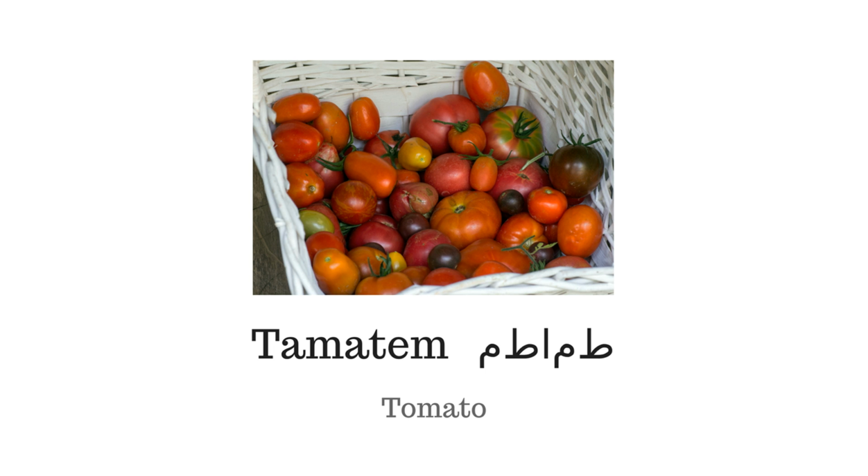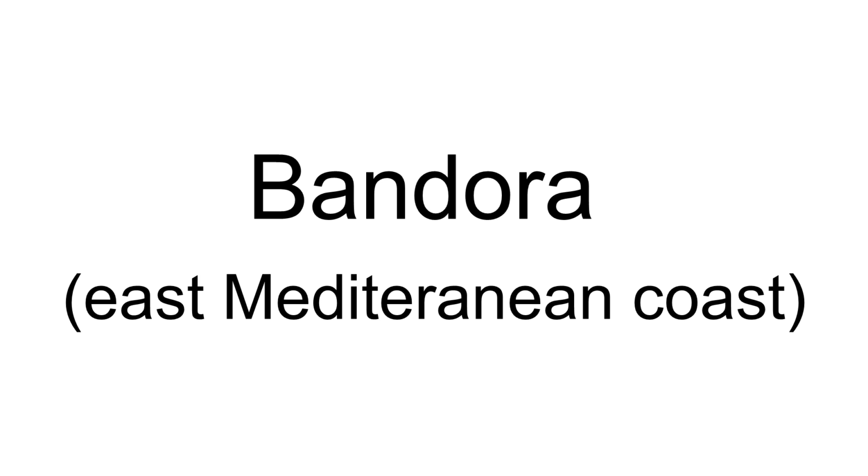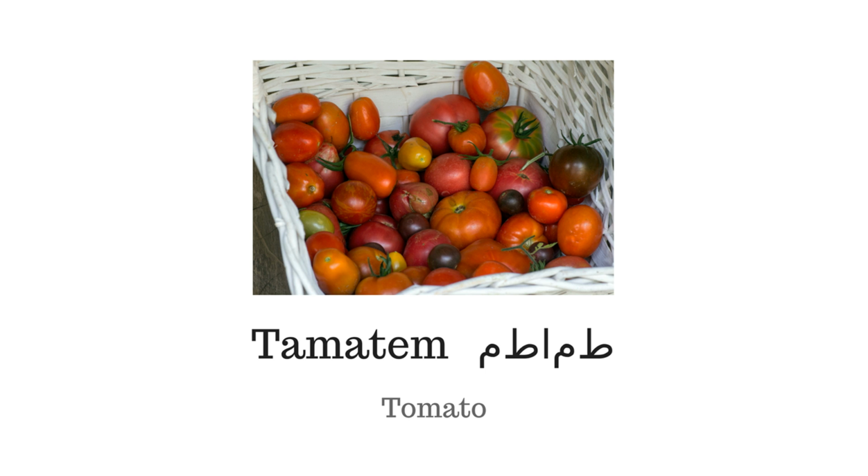In Egypt, for instance, we sometimes call it uta. Or in Lebanon, Syria, Jordan, and the east coast of the Mediterranean, they call it bandura. Anyway, tomato, bandura, uta, this is tomato.